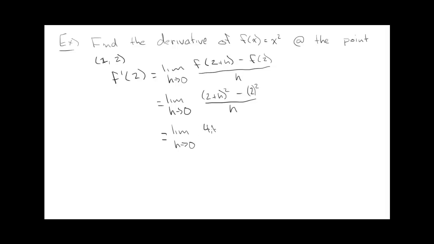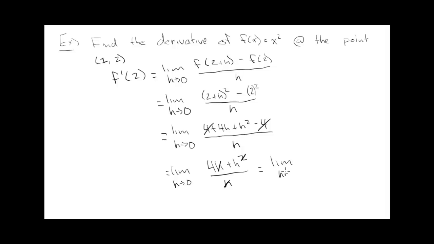So we get 4 plus 4h plus h squared minus 4 all over h. 4's go away. 4h plus h squared over h. You could factor an h, or you might just recognize that we can cancel one h on the bottom with one of each of the terms on the top.